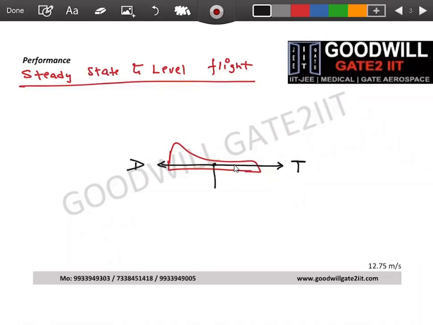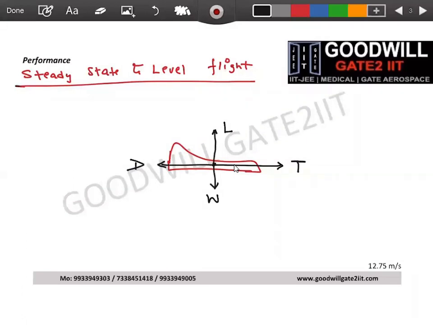You always know that weight acts downwards. And you have lift which is balancing out the weight. I'll try to go through each and every term, and then we'll see the different conditions, minimum drag, minimum power, minimum D by V condition. All these conditions are defined for a reason. Why we are talking about these conditions when we come to performance, the equations, and then a few numericals on this. All right. Now I'm coming to that.